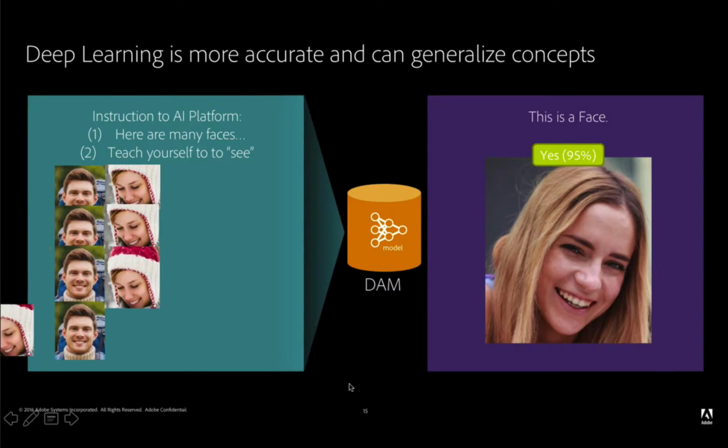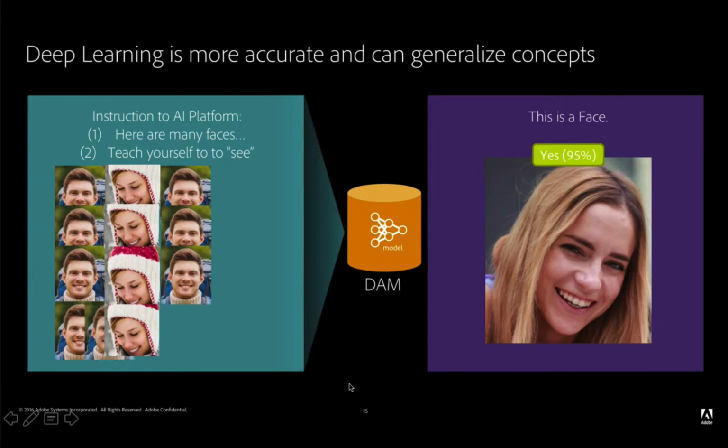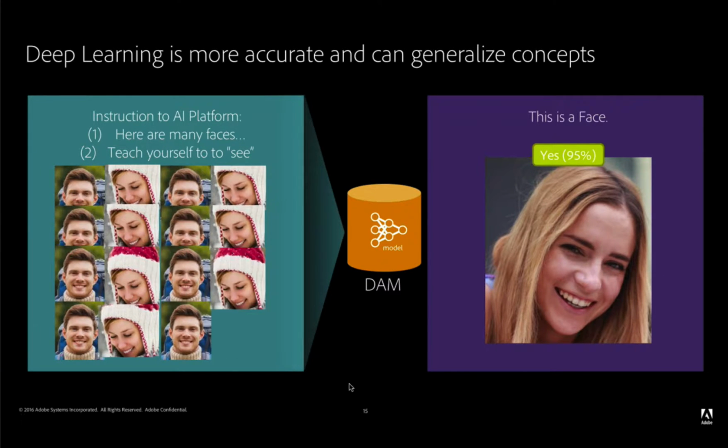And the really cool thing about this, and also one reason why it's being applied to so many different problem areas, is that it's so easy to use. Basically, what you do on a high level is that if I want to create a model that can tell me is there a face in this image or not, then I would simply find a big data set with a lot of faces and a lot of images that are not faces.